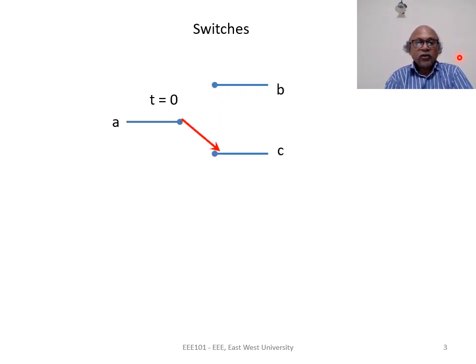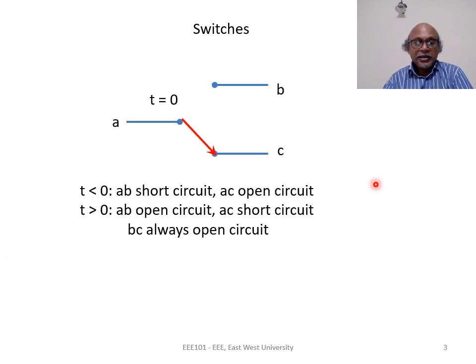At t equal to 0, we throw the switch. So after the switching, A and B become open circuit and A and C become short circuit. So this switch can be described by these properties.